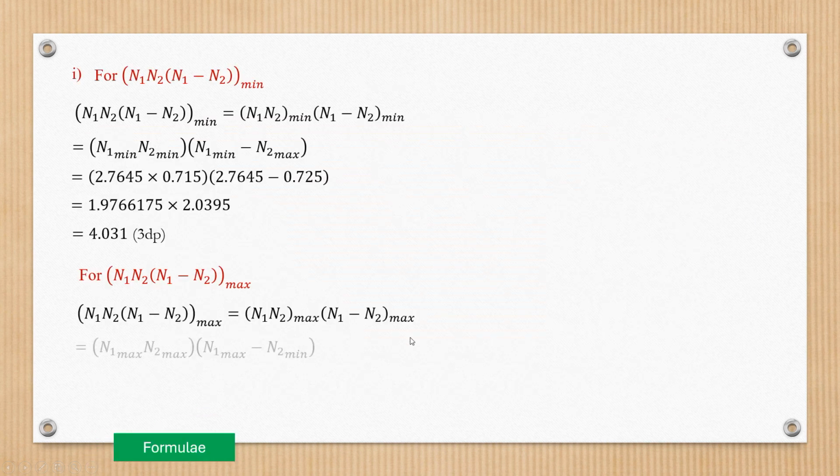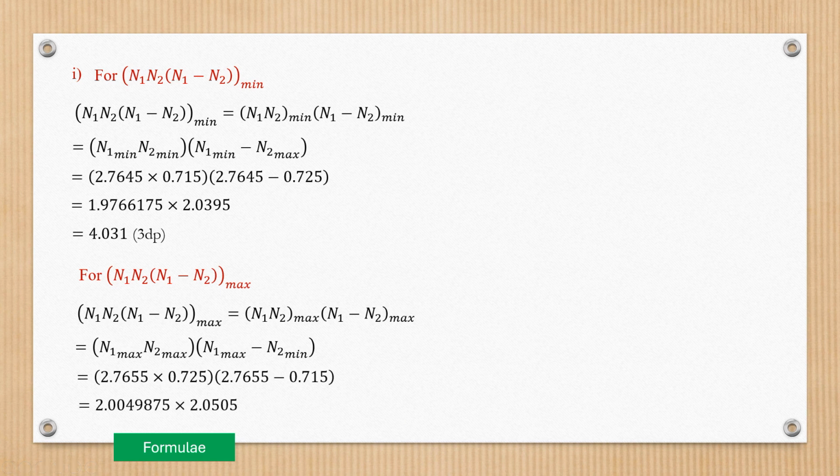So that's why this shall be broken up into n1 max minus n2 min, and then this shall be max. So now when I substitute in the values, I'll have 4.111 to 3 decimal places. So now when we state the range, it shall be the minimum value, which is 4.031, comma, and then the maximum value, and that is the answer for the range or interval. Then we move into part 2. We're now going to be dealing with this.